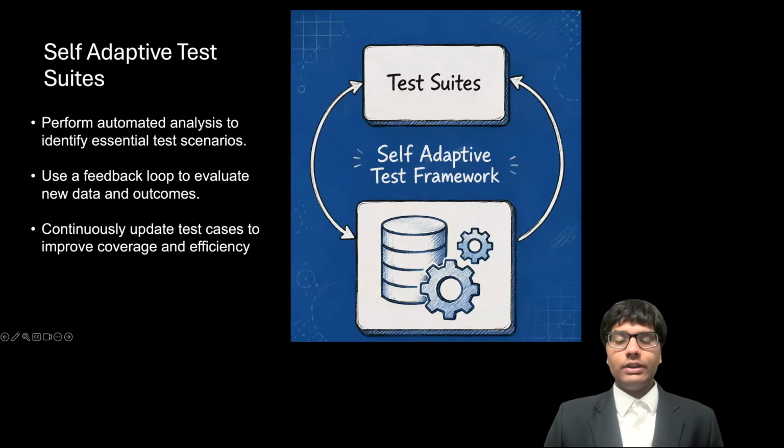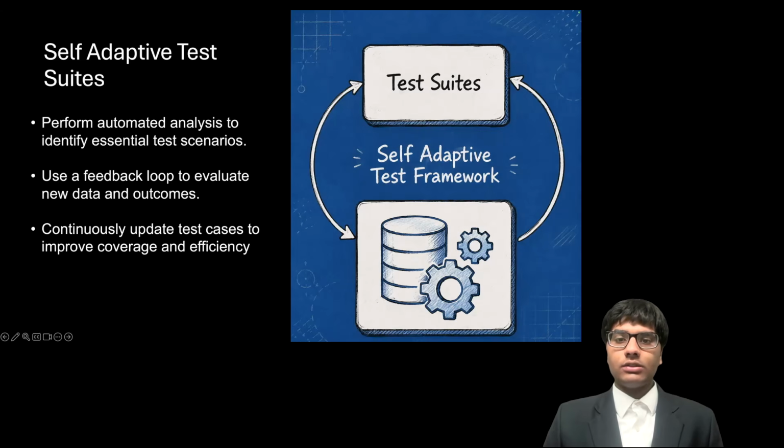Next, the self-adaptive test framework is designed to ensure comprehensive coverage of essential test cases during dataset selection for model training. It begins with an automated analysis of requirements to identify all possible test scenarios needed for model evaluation. Then, a feedback loop is introduced that continuously evaluates new data and observed outcomes.